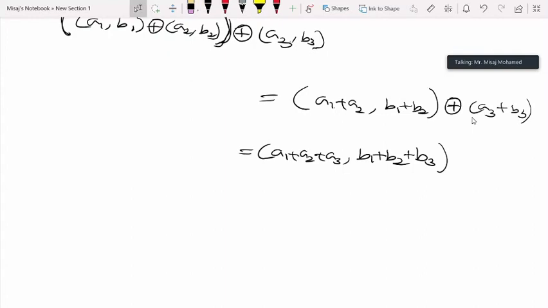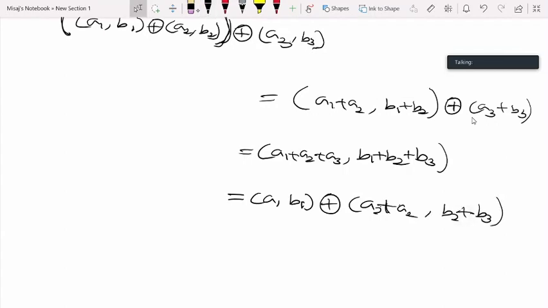Now how do we write that this is associative? Look, can we break this as (a1, b1) plus (a2 plus a3, b2 plus b3)? Is that the same? Yes, it is the same. Okay.